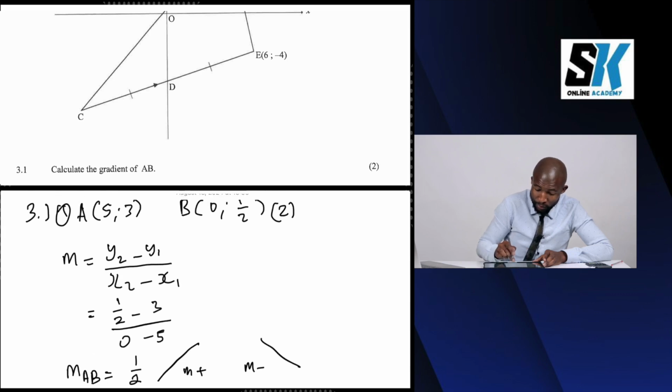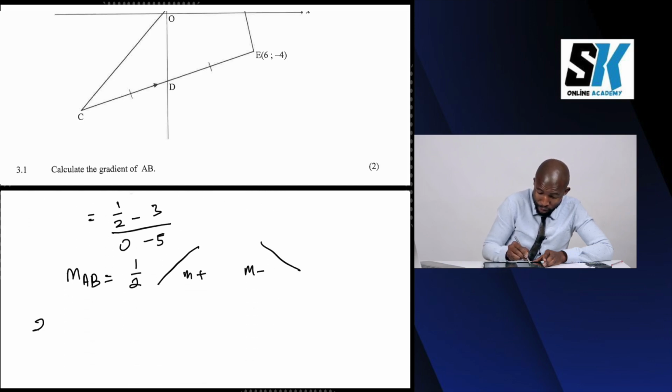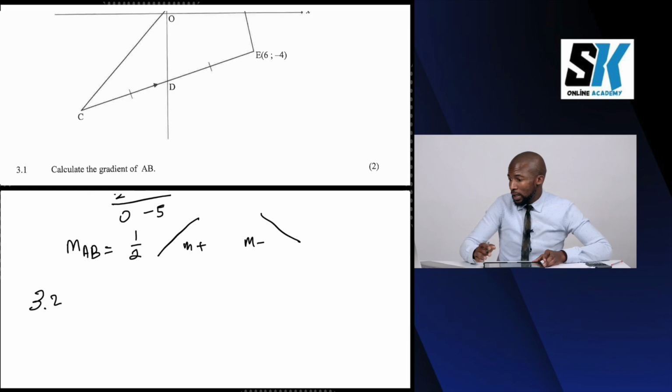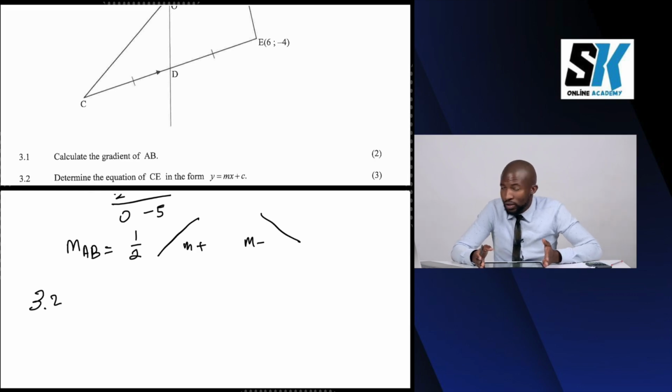That was 3.1. Now we go on to 3.2. In 3.2, they say determine the equation of CE in the form y is equal to mx plus c. If you can see the CE, we only have the coordinates of E and not the coordinates of C. But we were already told that AB or BA is parallel to CE.